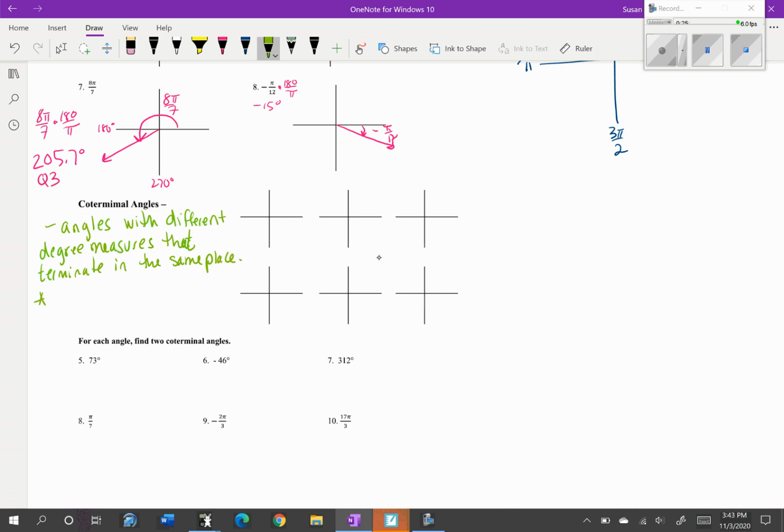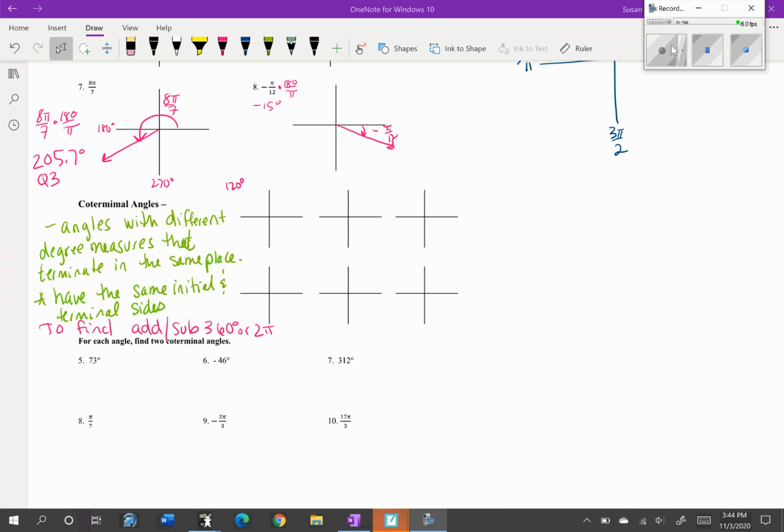So that means that they have the same initial and terminal sides. So to find them, you're going to add or subtract 360 degrees if you're in degrees, or 2 pi if you're in radians, because that would go all the way around. So if I do the first one, let's do 120 degrees.